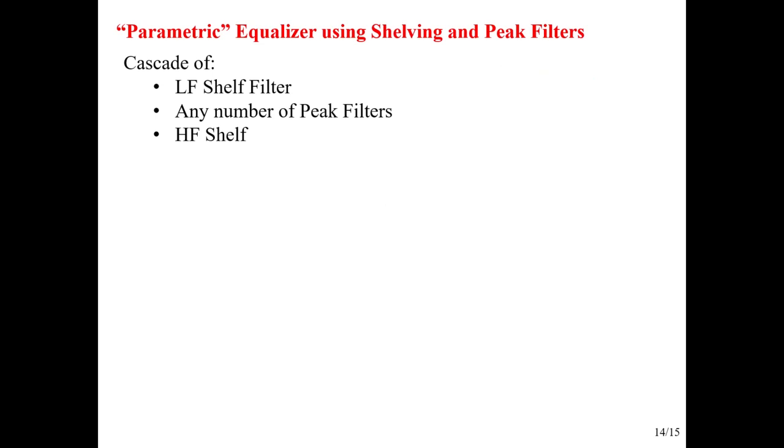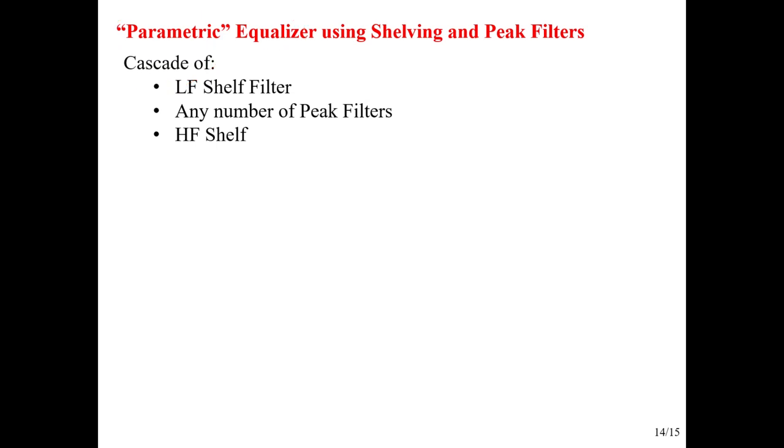If we use all these together in a cascade, we can come up with something called a parametric equalizer. And it's called a parametric equalizer because you're usually adjusting knobs that you can't look at graphically to see what it's going to do, like we did in a graphic equalizer. So that's just the common name for it.